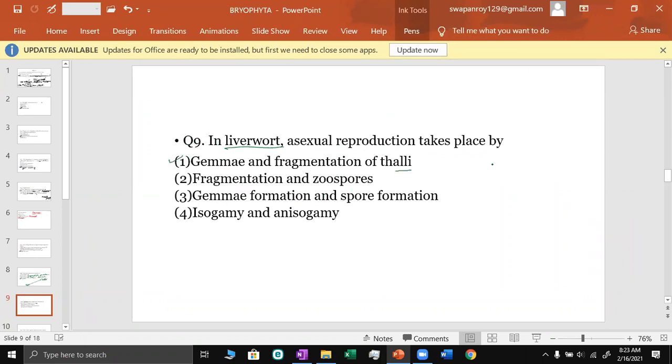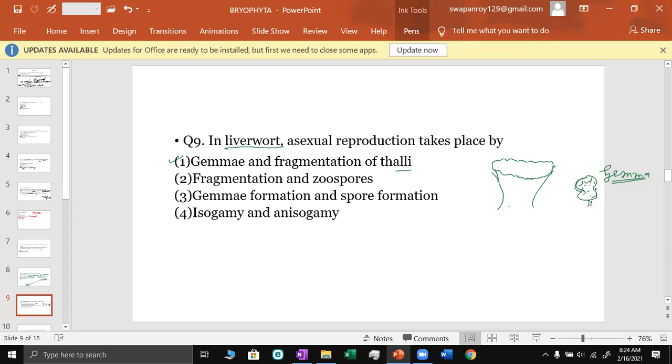There are cup-like structures, and in this cup-like structure very small multicellular structures are produced. This is called the gemma.